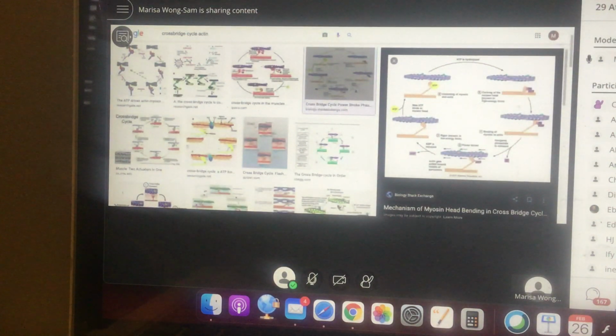You guys see on the right hand side of the screen the cross-bridge cycle.